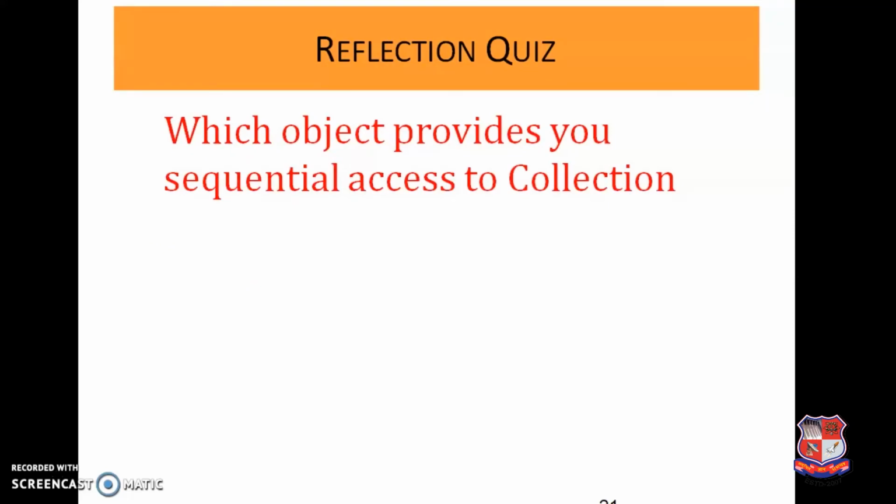Now it's time for a reflection quiz. We have learned about various interfaces and various objects in the collection framework. So which object provides you sequential access to a collection? You need to recall which object you have used to get sequential access to a collection. Take a pause, write your answer.